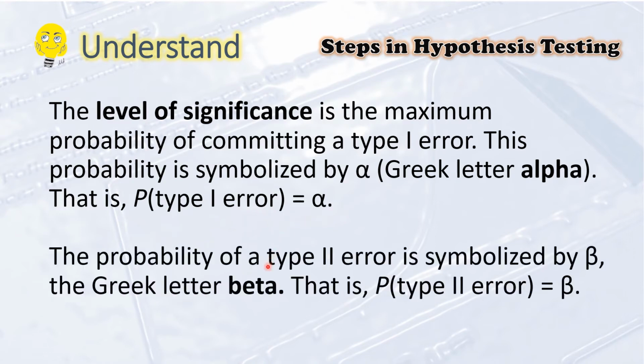The probability of a type 2 error is symbolized by beta. That is, the probability of type 2 error is equal to beta. In most hypothesis testing situations, beta cannot be easily computed. However, alpha and beta are related in that decreasing one increases the other.